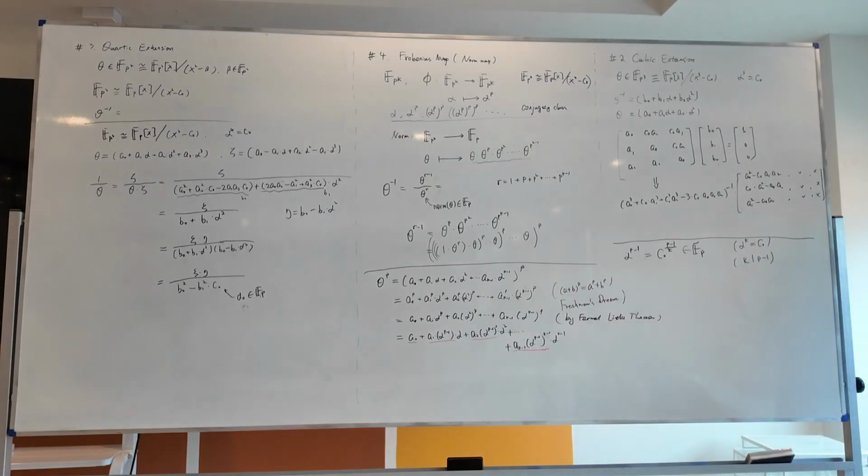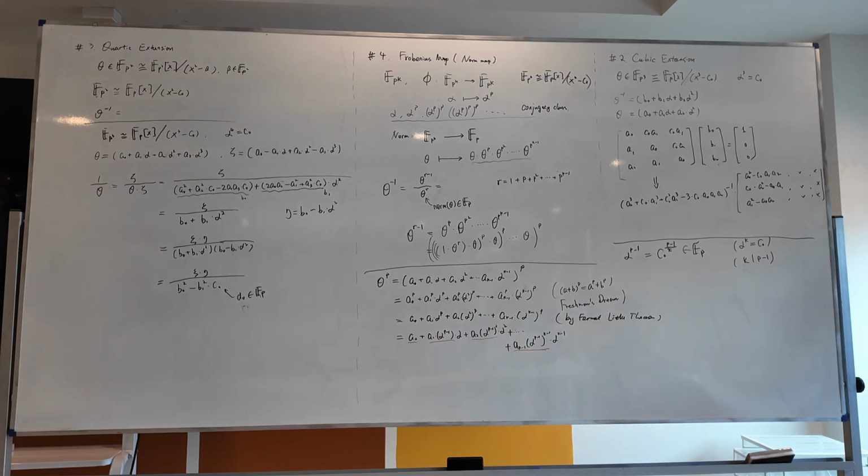So P is a large prime and k is small. Yes, P is a large prime, and k should not be too large. So P minus 1 divided by k should also be large.